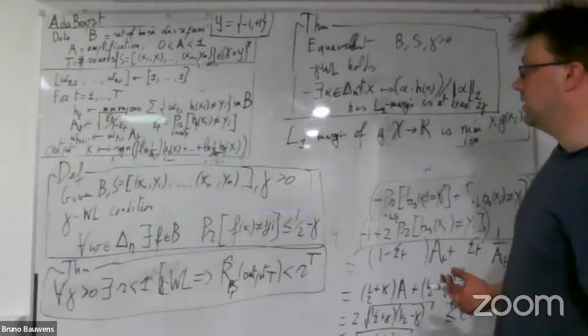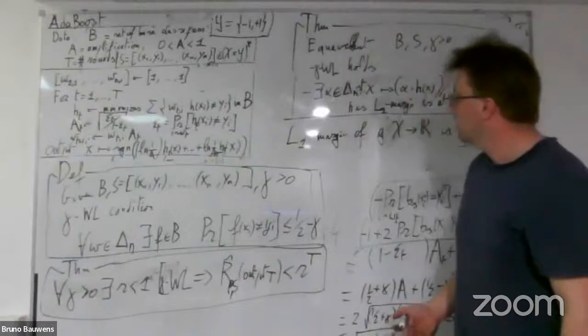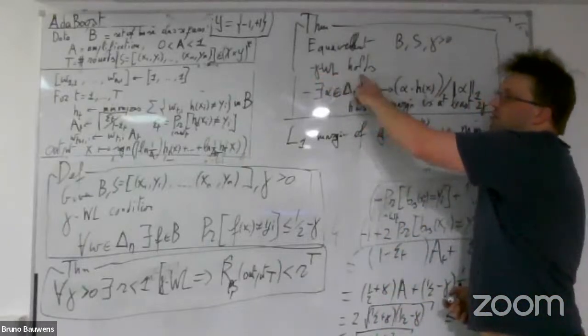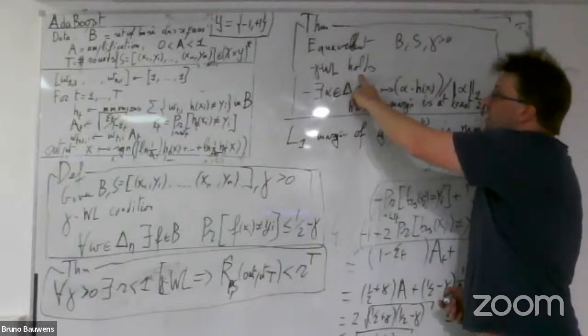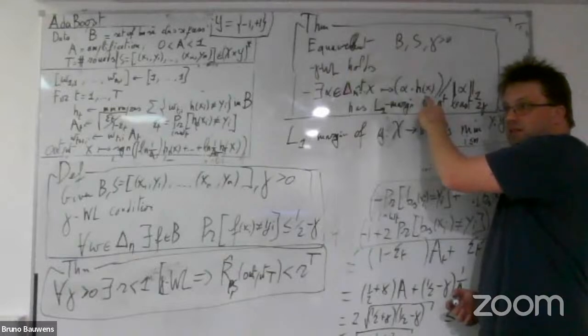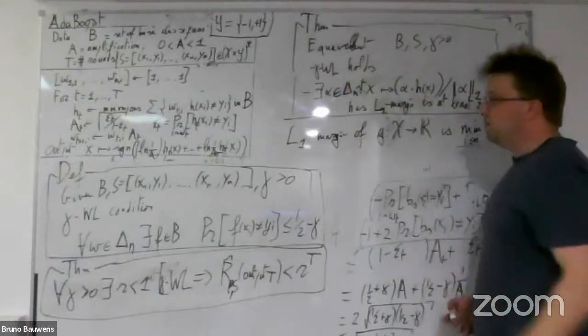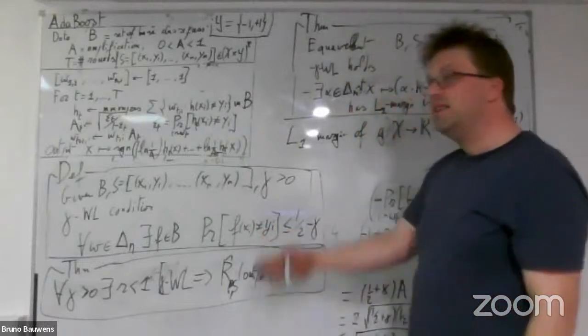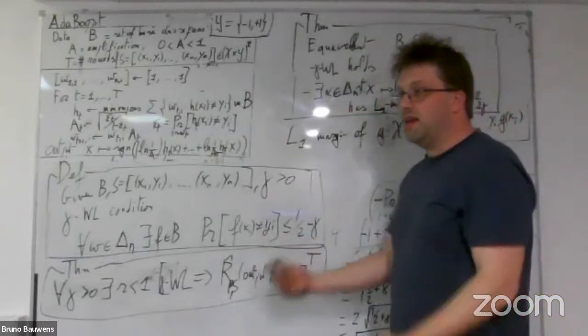Okay, and this is amazing. So it says that the best gamma for which we have the weak learner hypothesis is half of the best margin of a classifier. But AdaBoost is guaranteed to find a classifier that has half that.